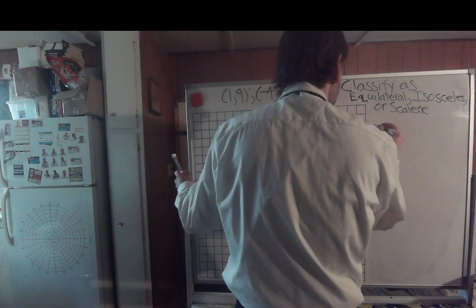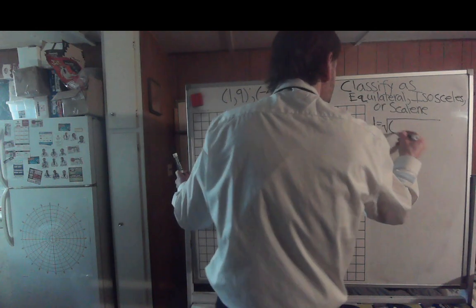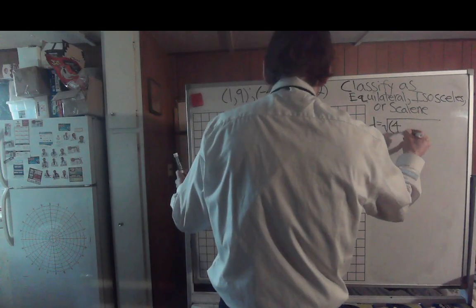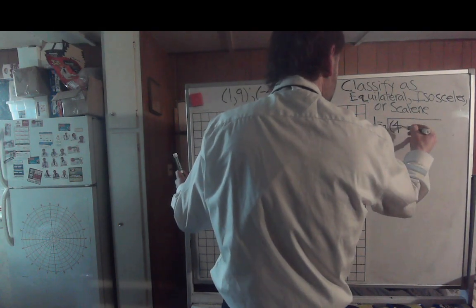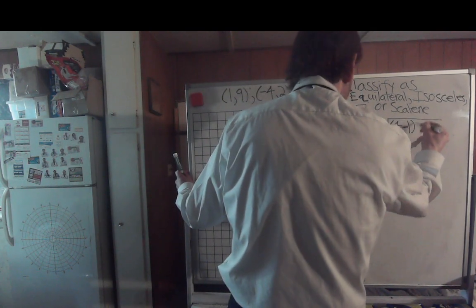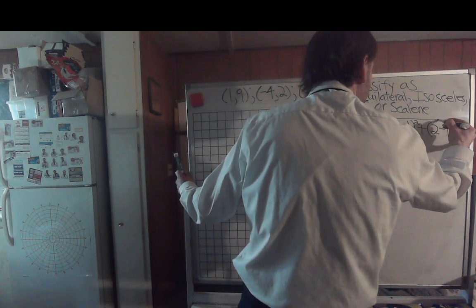So the distance equals the square root of, now your x2 would be 4 minus your x1 of 1, that quantity squared, plus your y2 of 2 minus your y1 of 9, that quantity squared.